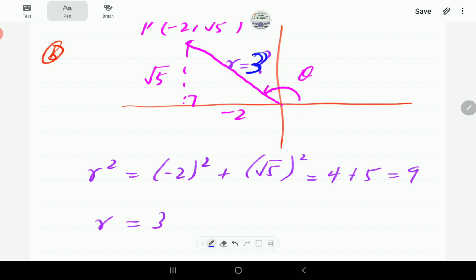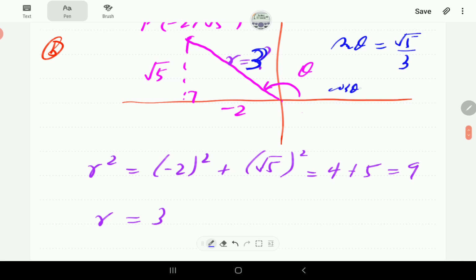Once we have r, we have the opposite, the adjacent, and the hypotenuse, so we can write sine, cosine, and tangent. Sine theta is the opposite, root 5, over the hypotenuse, 3. Cosine theta is the adjacent, negative 2, over 3.